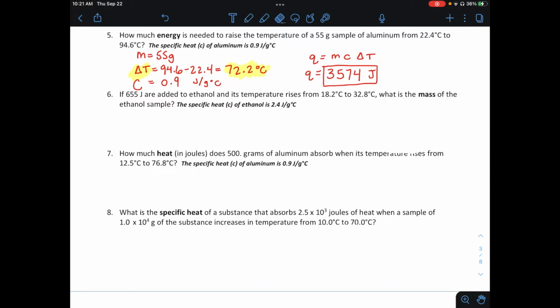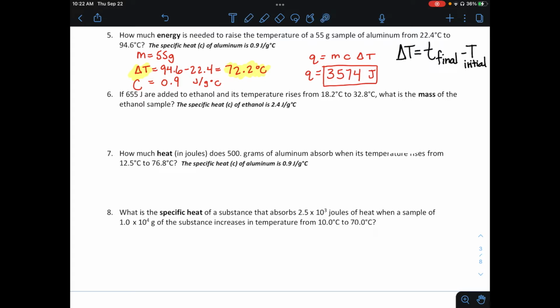So in this first example, you can see that I had a certain amount of energy, and that energy came from 55 grams of aluminum, which has a specific heat, which is c, of 0.9, and it changed the temperature from 22 to 94. Always remember that delta T equals the final temperature minus the initial temperature.